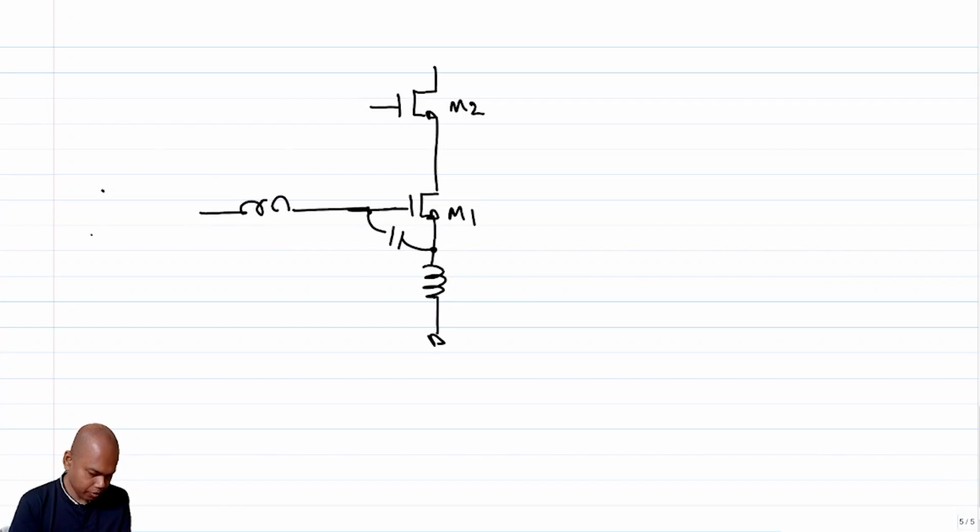Obviously, the input that is coming from the antenna has to be AC coupled. Let me call this CC. How do I bias the gate of M1?